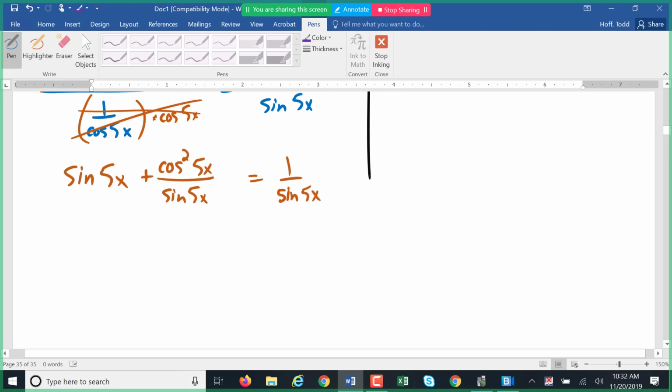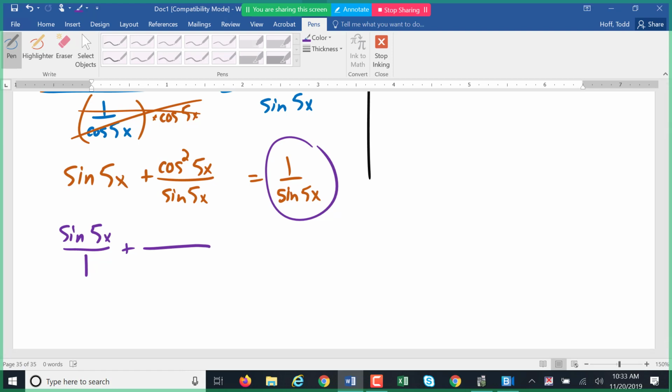Now, on this left side, I'm going to leave that sine of 5x by itself. I'm going to get sine of 5x over 1. Since my right side's all in terms of sine, I'm going to try to convert my left side all in terms of sine. Cosine squared, remember, can be thought of as 1 minus sine squared.